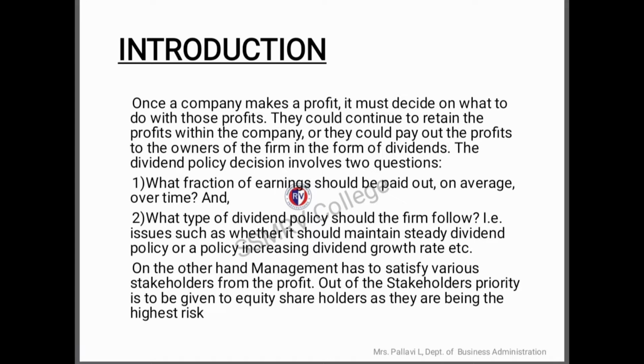So out of the profit earned, the company has to take care of all the indirect expenses, and then they have to pay the interest to debenture holders, and then they have to pay the taxes, and now comes the dividend to be paid to the preference shareholders. So after paying the preference shareholders, the remaining amount is called earnings available to equity shareholders, which will be divided among the equity shareholders. So all these you have studied in the previous chapter.